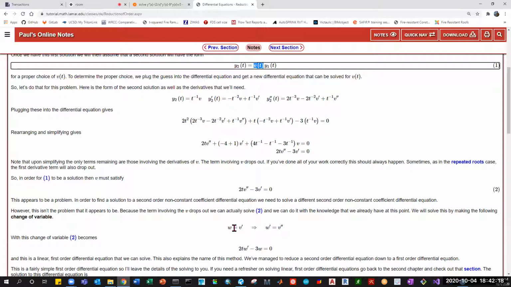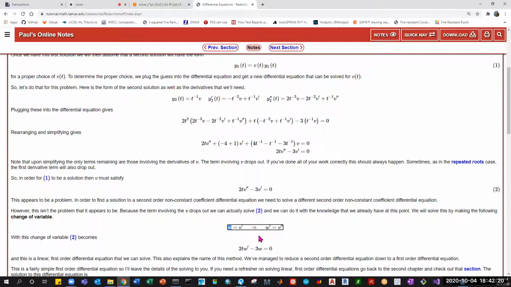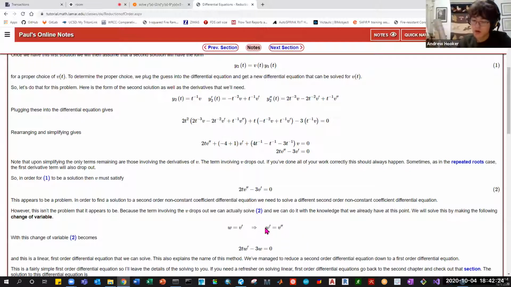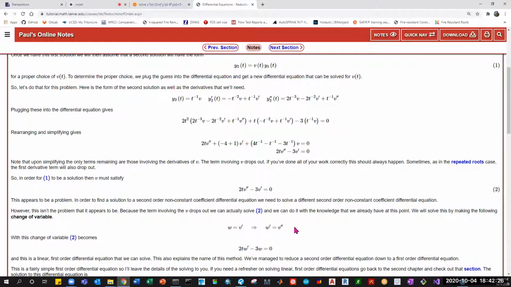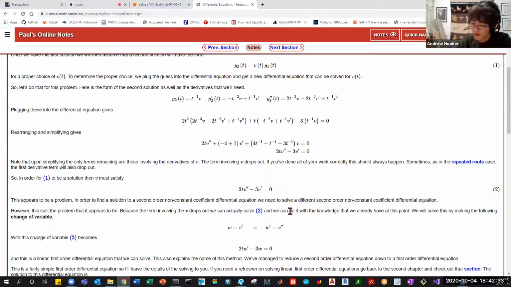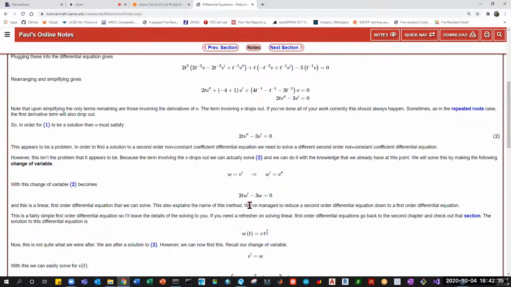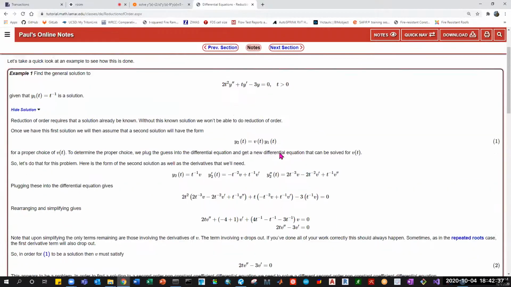This is why it's a reduction of order, because you change your variable so that you can reduce your derivatives. Does that make sense? Yes, that's the part that makes sense.